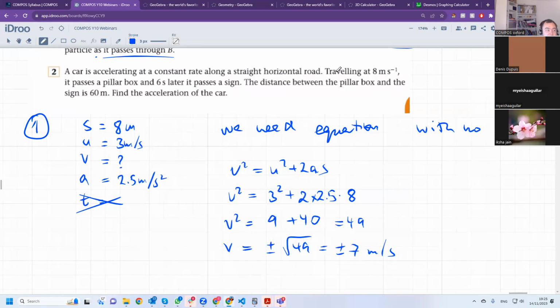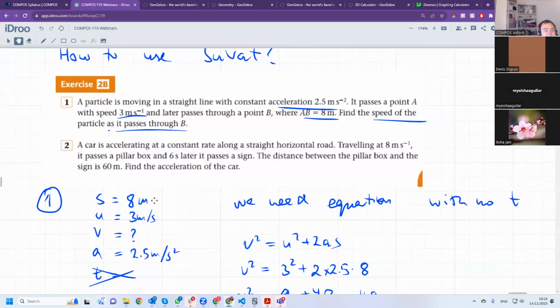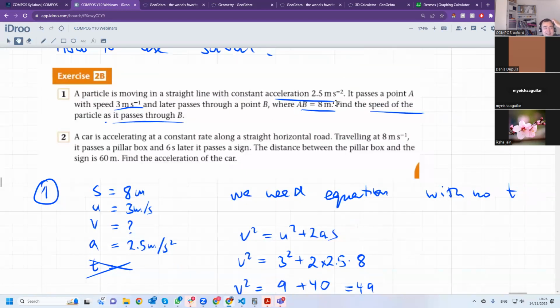And because the initial velocity is... whoa, that doesn't make any sense. Oh, sorry, we're talking about this one.